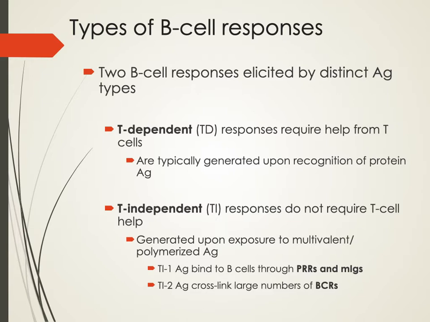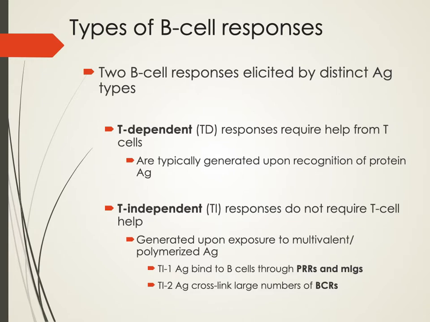Generally this is going to be to protein antigens, and we'll talk more about these interactions, but this is going to be through the T cell receptor and co-stimulatory molecules, allowing for help to the B cell so the B cell can respond.